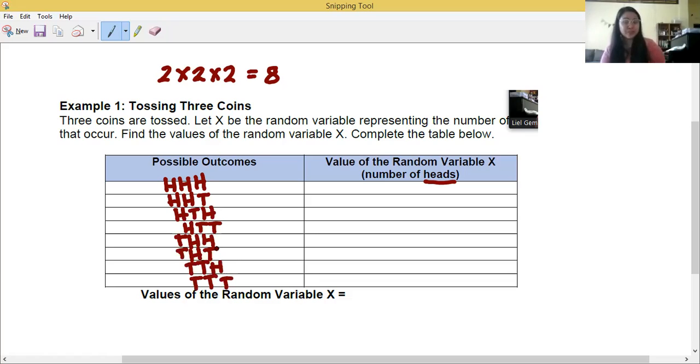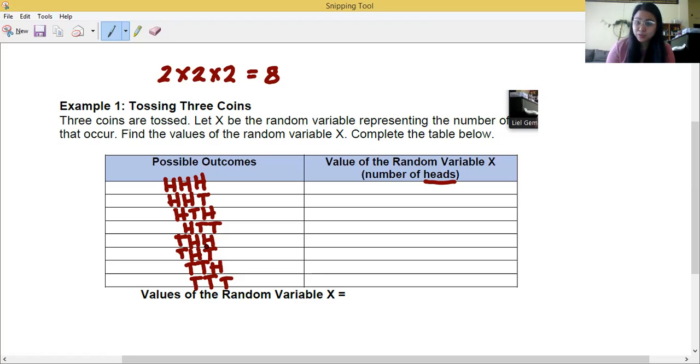Be sure that no outcome is duplicating, or else if you get it wrong in this first table, you'll have a problem because the next data or the next outputs that you'll have will all be wrong. So you need to be very careful in listing your possible outcomes.